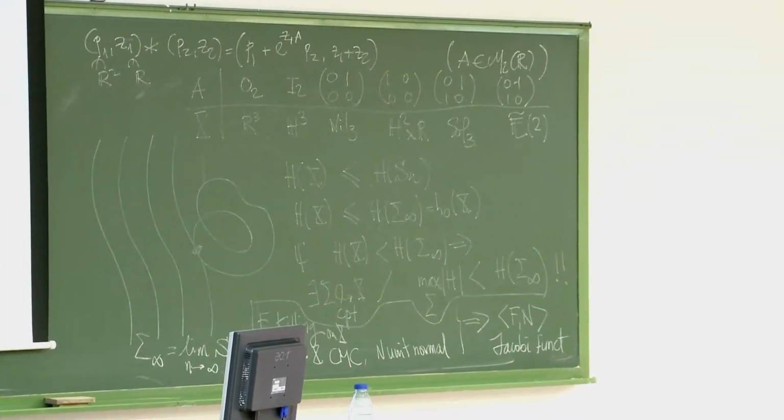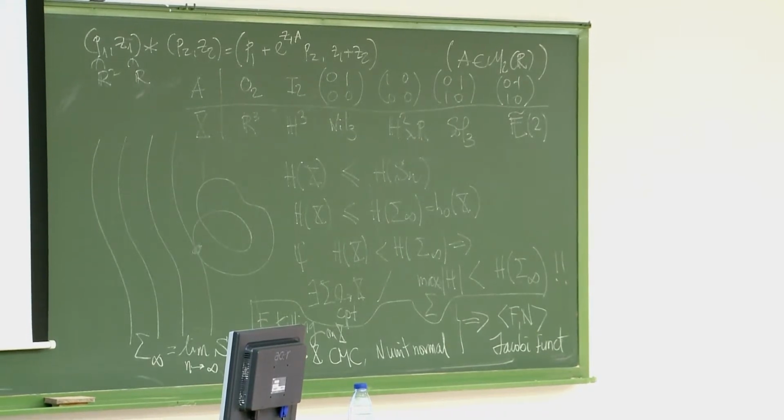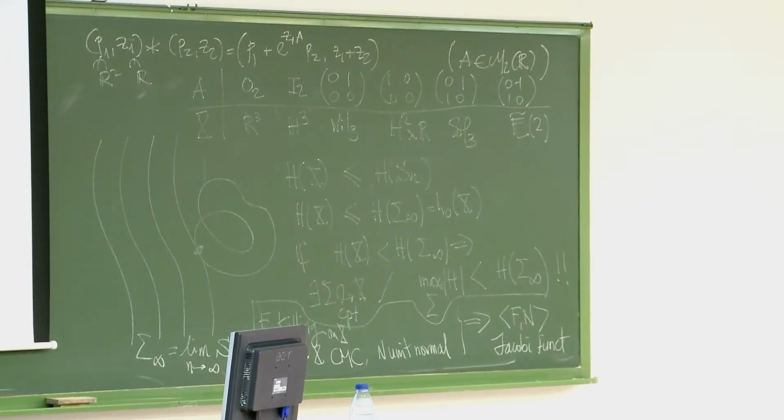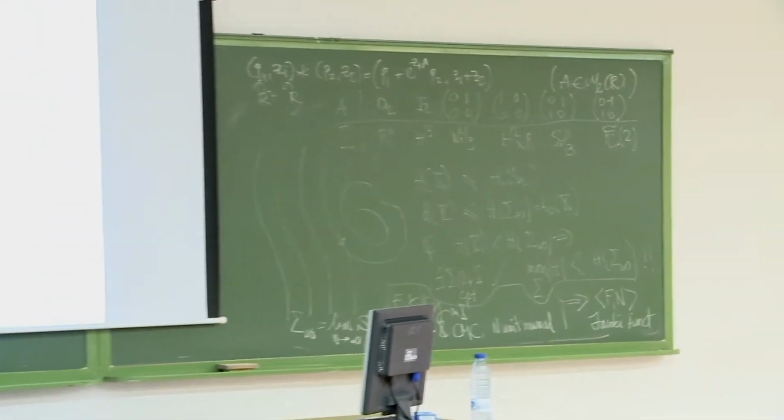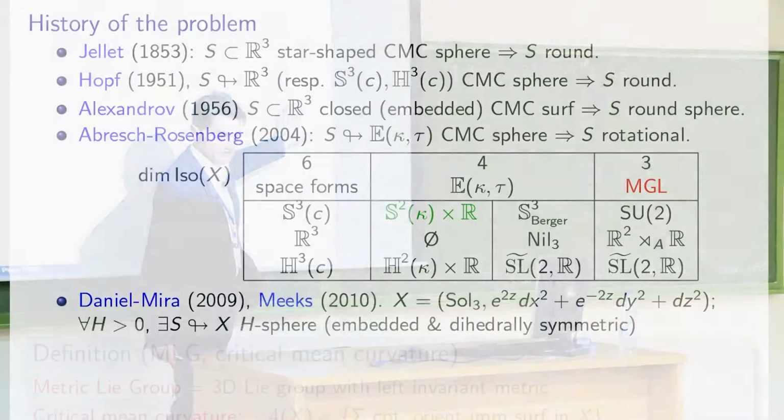Or, as I said, SL tilde 2 R with the general metric, okay? So in summary, this is Hopf's theorem, here Abresch-Rosenberg, and this part is open, was open, okay?